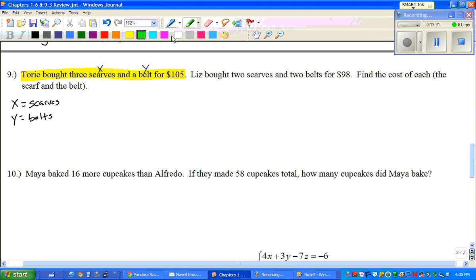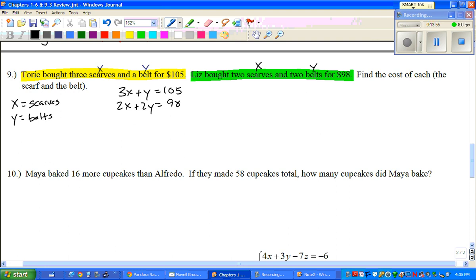Each one of these is an equation, okay? So for Tori, she bought 3 scarves and a belt, and that equals $105. Liz bought 2 scarves and 2 belts for $98.